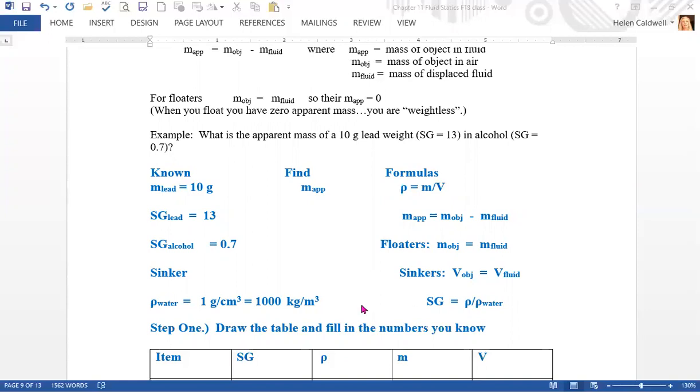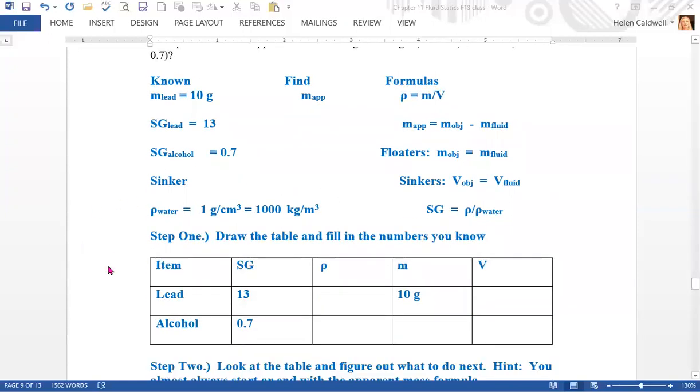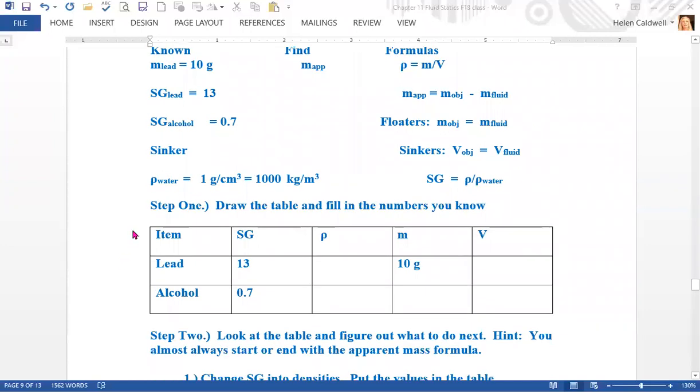So the first thing we want to do is draw a table and fill in the numbers we know. We know the mass of lead, and we know some specific gravities. So the table will be for the object and the fluid it's in. Our object is the lead weight and the fluid is alcohol. So we have a column for the items, the object, which is the lead, and the fluid, which is the alcohol.